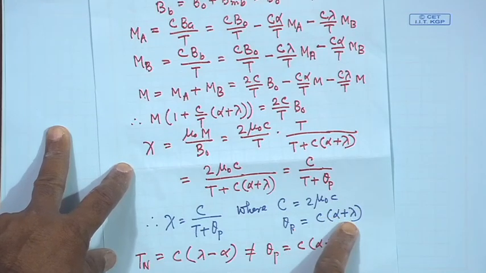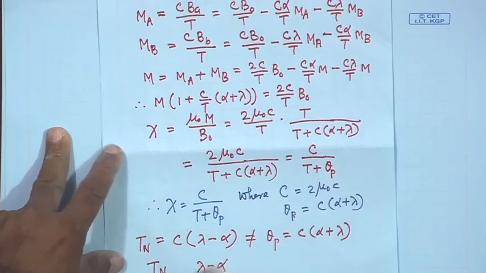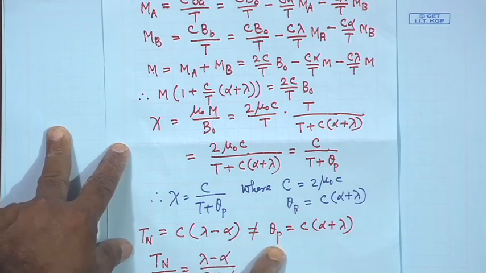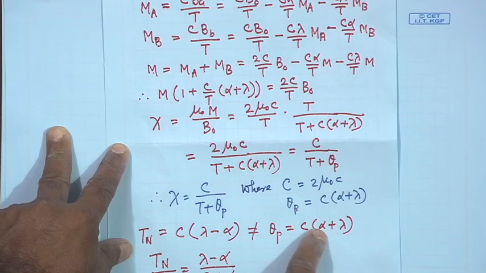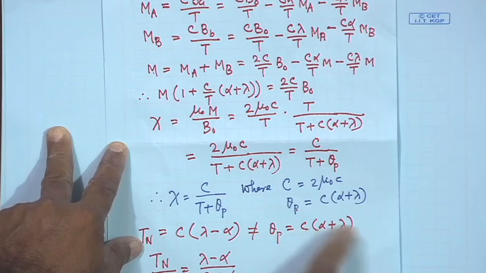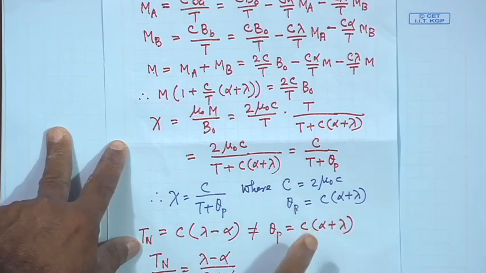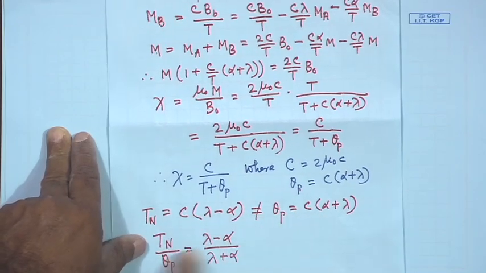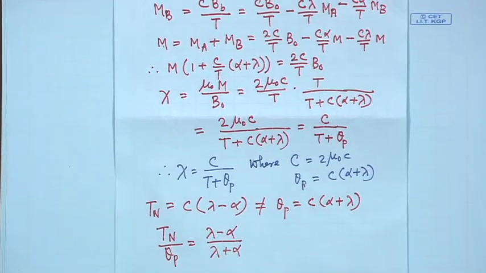So, Tn, which we have seen is C lambda minus alpha, is not equal to theta p, which is C lambda plus alpha. If you ignore alpha, then Tn equal to theta p, both are the same. If you consider alpha, then they are different. That is what I told you.